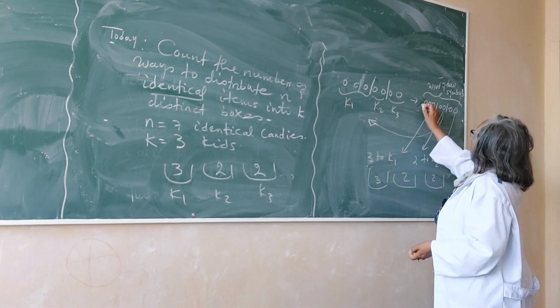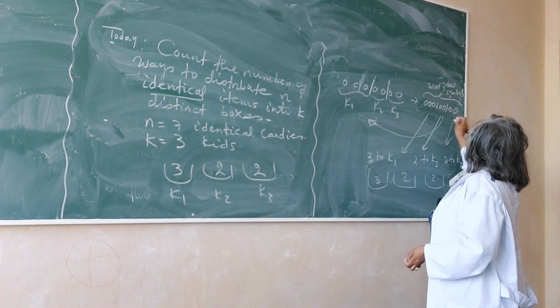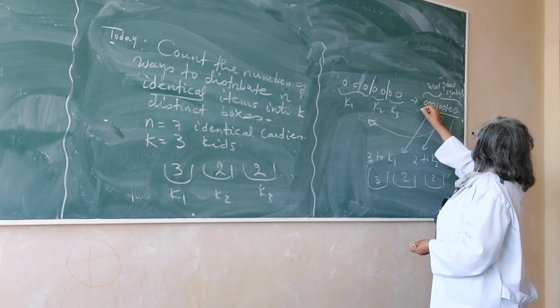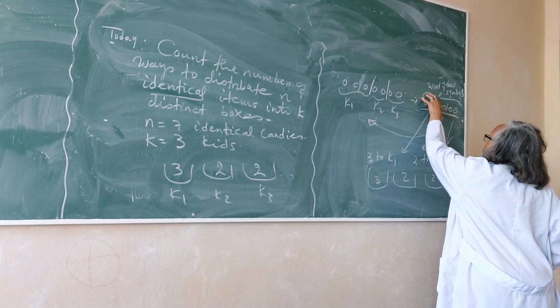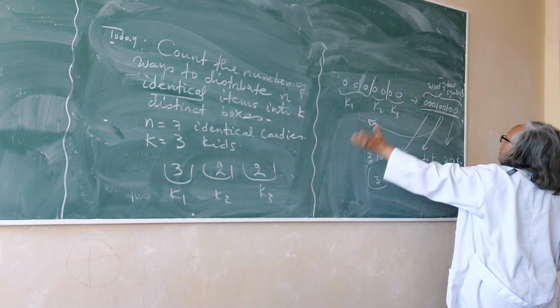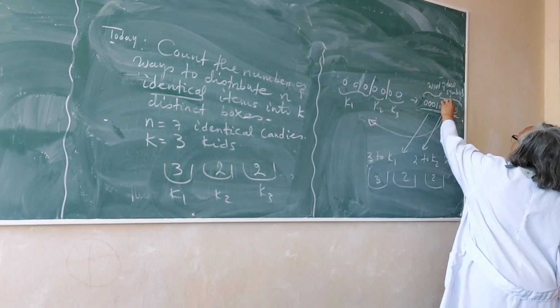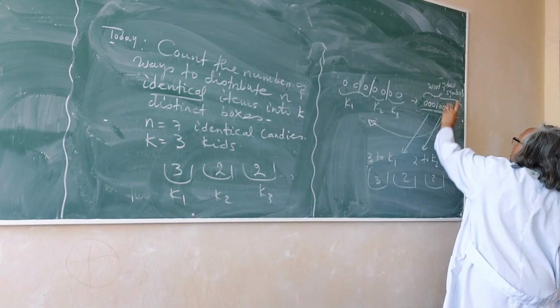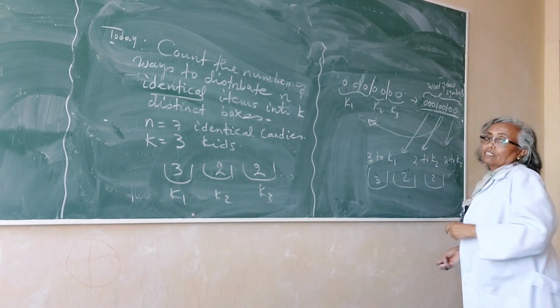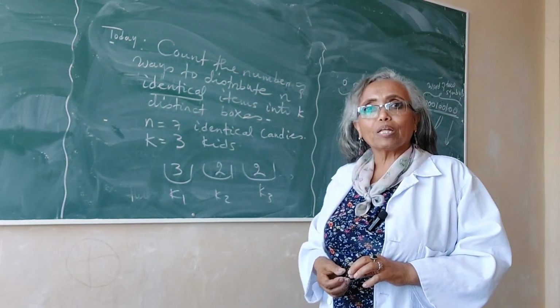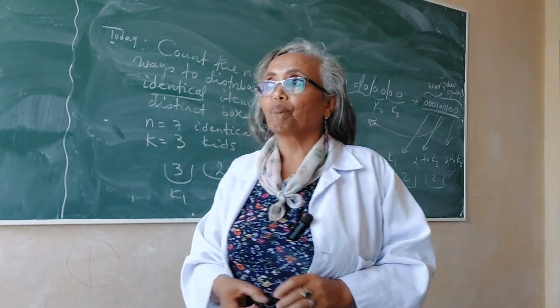And given such a code, I can take the candies before the first slash to be for the first kid, those between the 2 slashes for the second, and the last ones for the third.